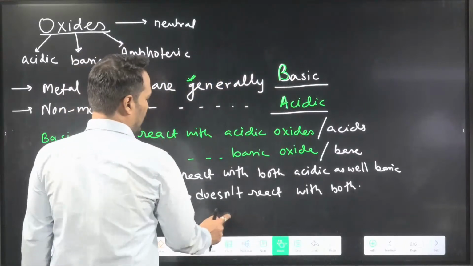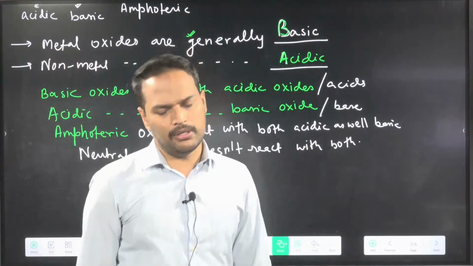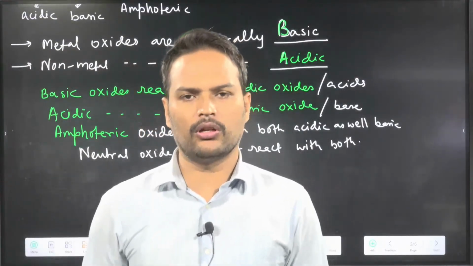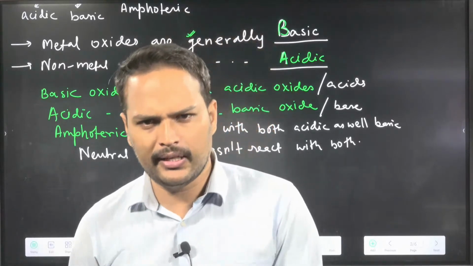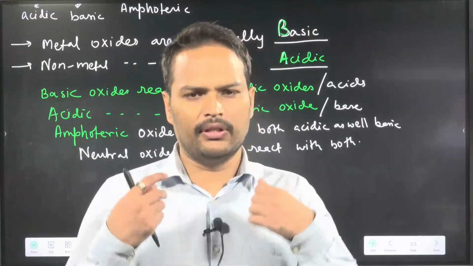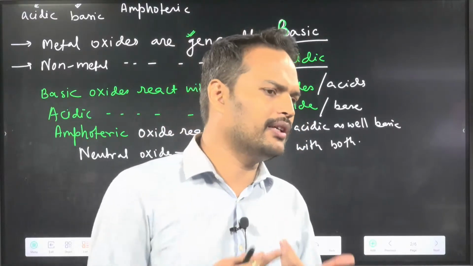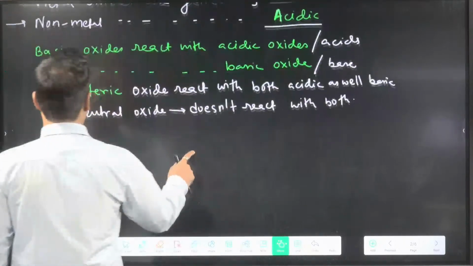So the basic point is clear: there can be acidic oxide, basic oxide, neutral oxide, and amphoteric oxide. Acid will react with base, base will react with acid, amphoteric will react with both, neutral will not react with anyone. Clear? Now let's take some examples.